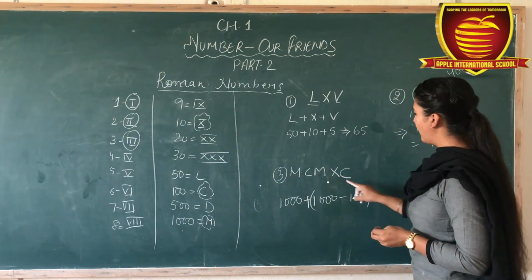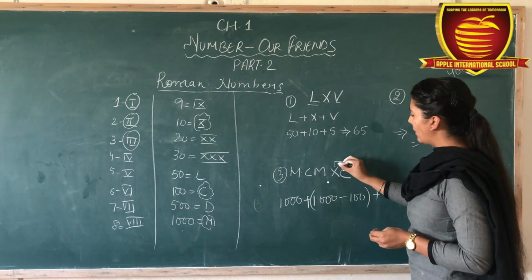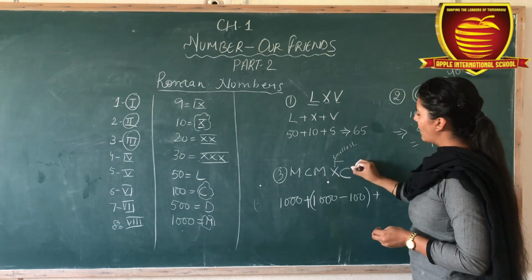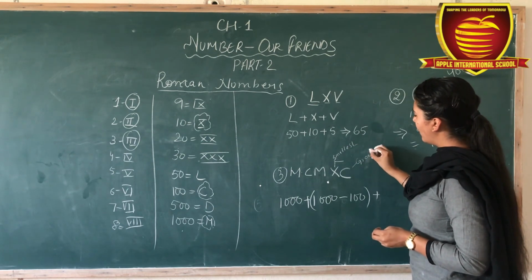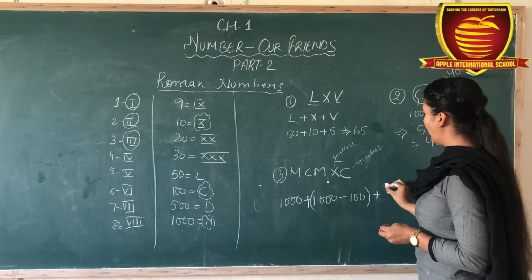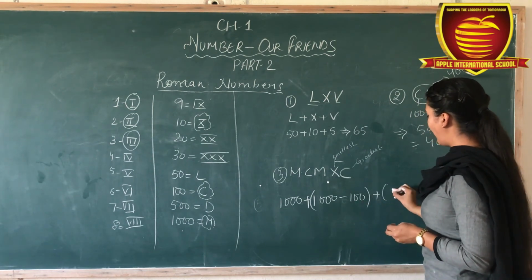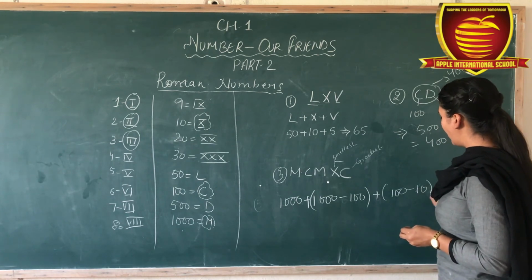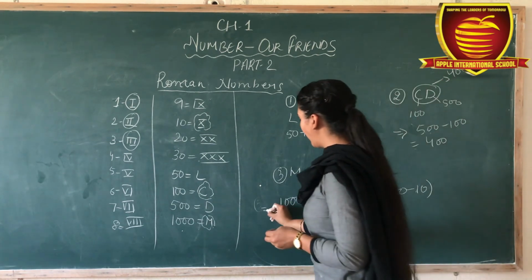Okay. Plus here again this one is the smallest and this one is the greatest. Okay. So C is 100 minus 10. Now calculate and find out the value.